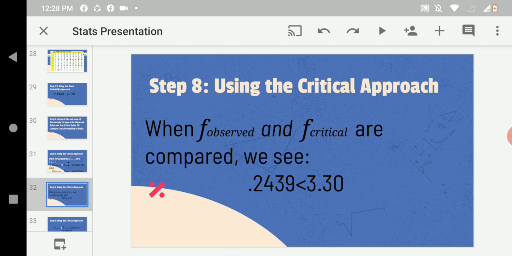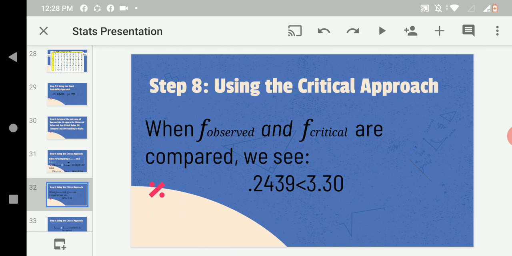We see 0.244, which is our F observed, or our F ratio, is less than 3.30, which is our F critical that we looked up in the table a while ago.